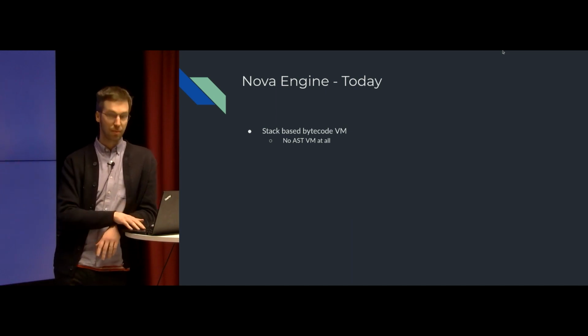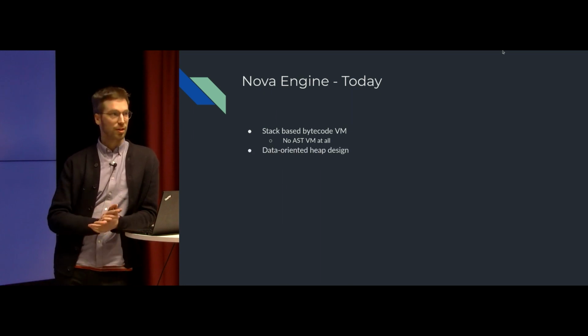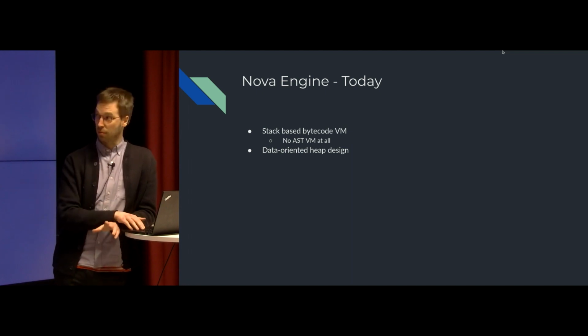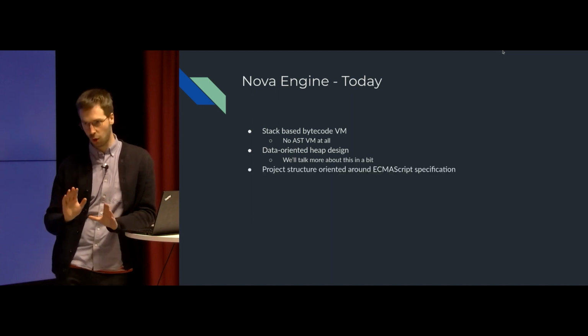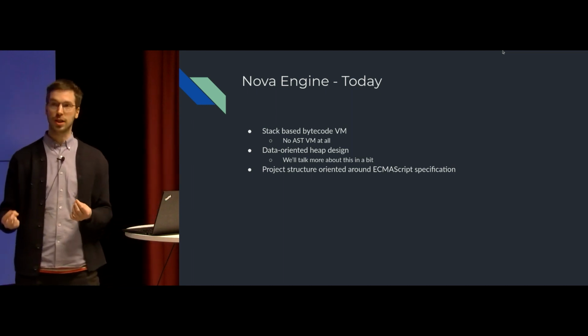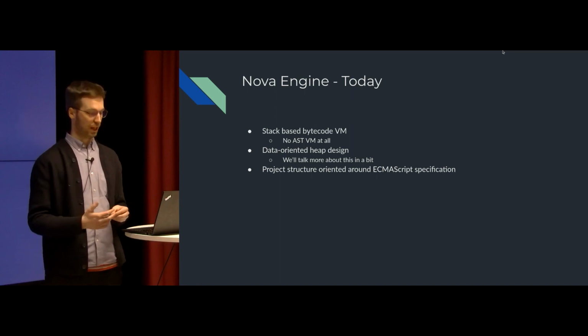We don't use the AST aside from that. And the heap design for the virtual machine is built in a data-oriented way. What that means, I'll talk about that in a bit, in horrible length. And the project structure is built around the ECMAScript specification itself.